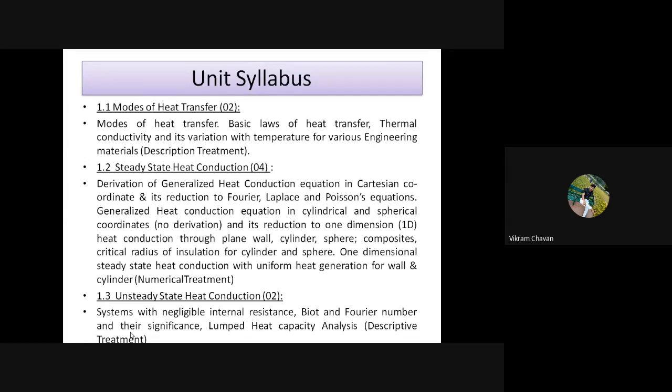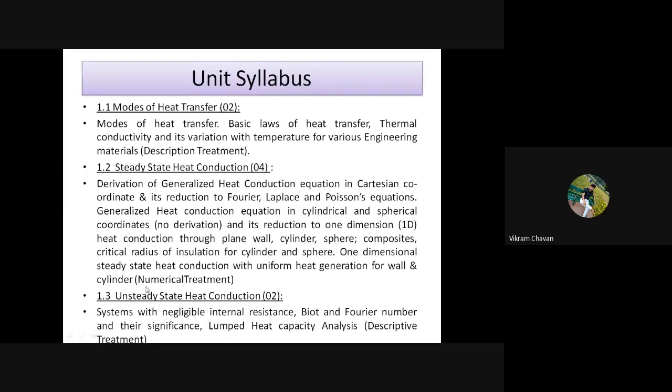In that, we try to understand the phenomenon of negligible internal resistance and two dimensionless numbers, the Biot number and Fourier number, which are useful to understand unsteady state heat conduction. Then afterward the lumped heat capacity analysis, and this particular segment does not have any numericals.